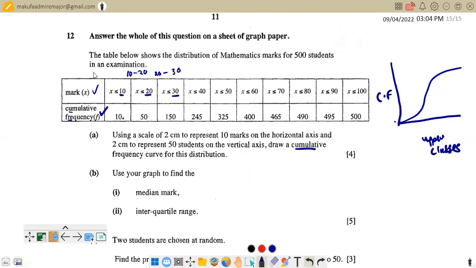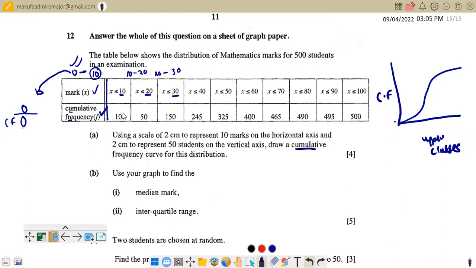It means the first class was starting from 0 to 10. That was your first class. It's not there, this 0 here, because it's a lower class. That is why it's not indicated here. It's a lower class. But what are you going to do? You are going to take that lower class to be an upper class with a cumulative frequency of what? Of 0. So you're going to take it with a cumulative frequency of 0.